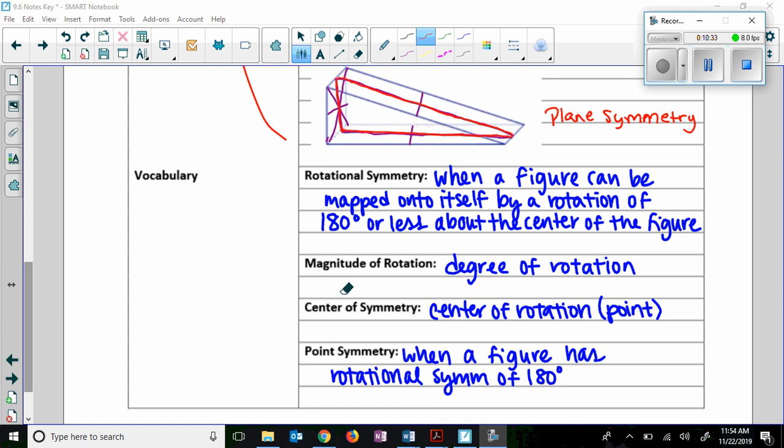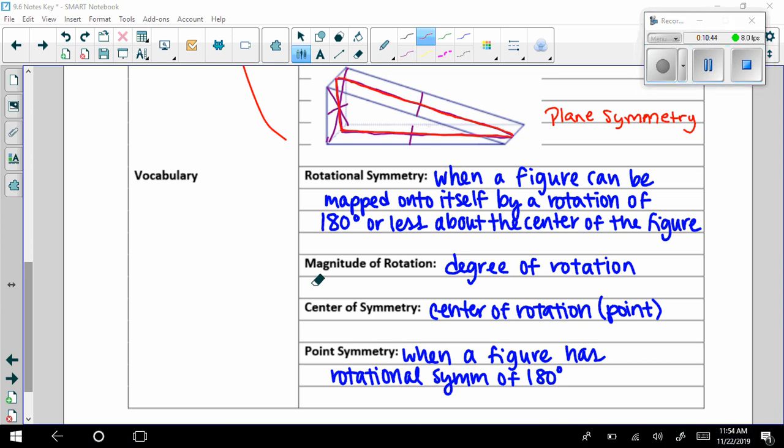So how many degrees is it turning before it locks back into place? Is it a 90-degree rotation? Is it 180? Is it 60? What would that be?